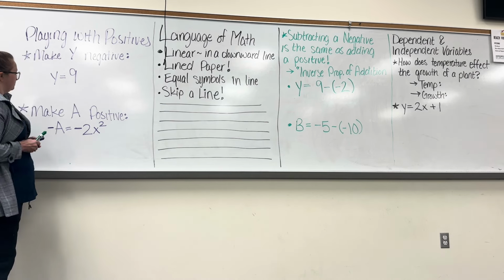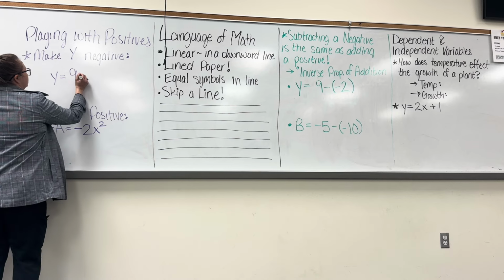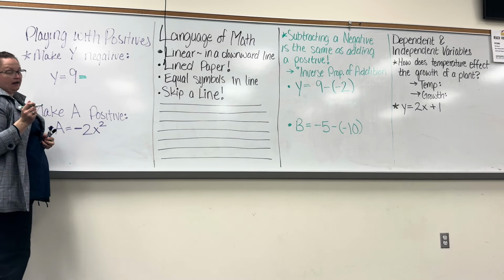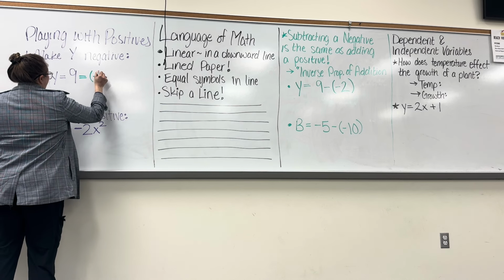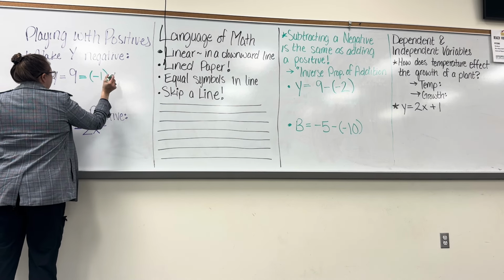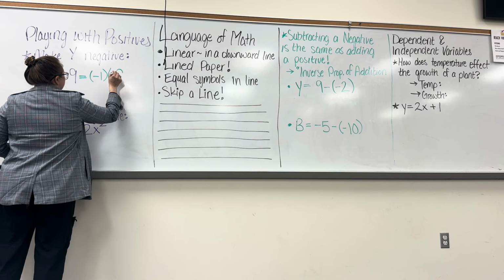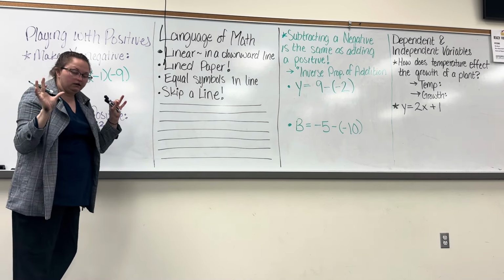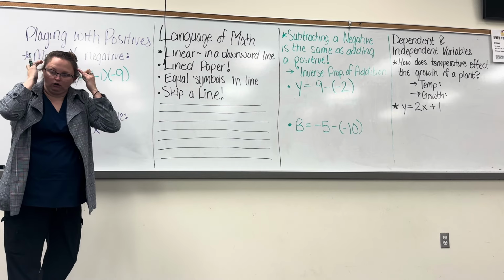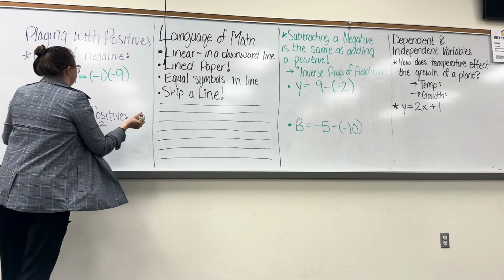Now, we're going to say that in that 9 is going to be a -1 and a -9. You can even break that down further if you want, into a -1 times a -1 times a positive 9. It's all about how your brain works and how you think about things.